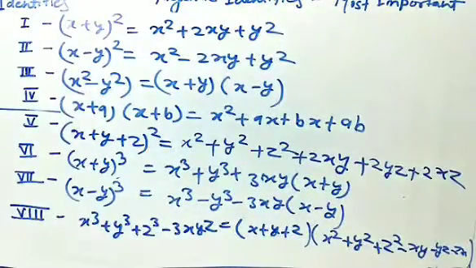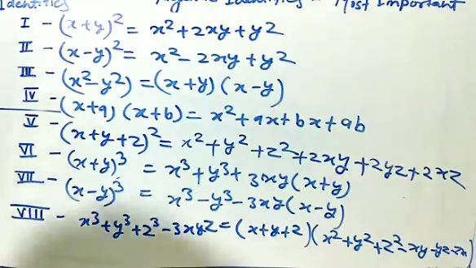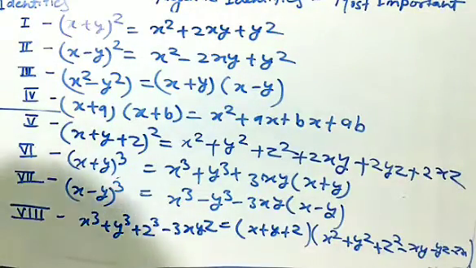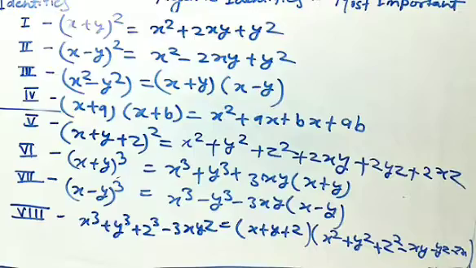So these 8 identities will give you a proper idea of how to solve your algebraic expressions. I'm going to the next exercise, but you have to learn all the identities. Okay, come to the next exercise.